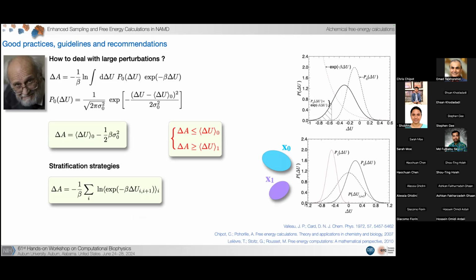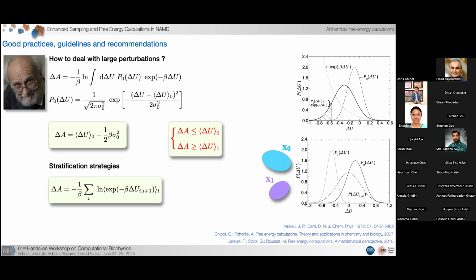Why do we do that? Well, let's rewrite the perturbation formula, introducing here a probability distribution, the probability distribution of being at a certain value of delta U, right?